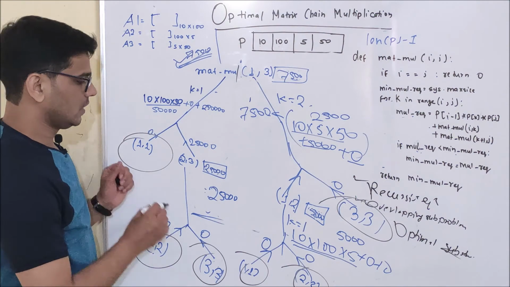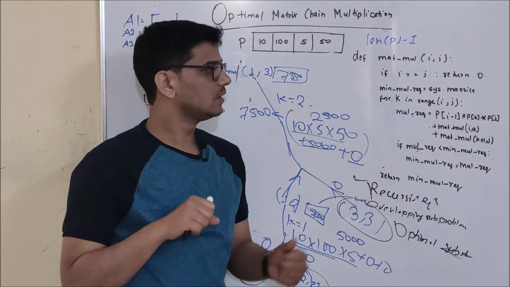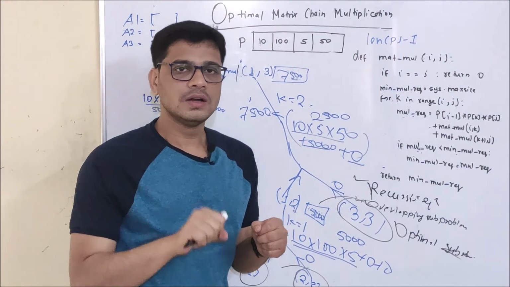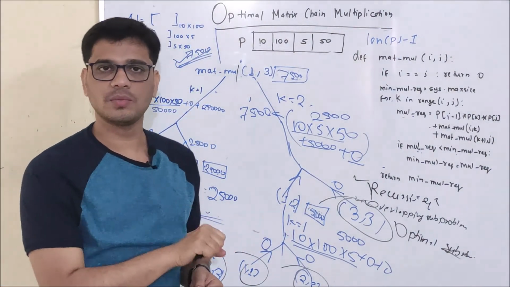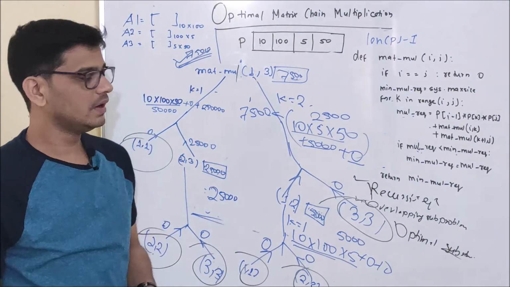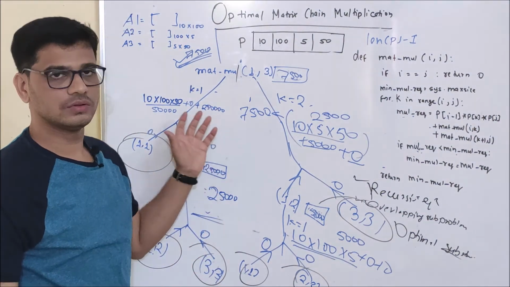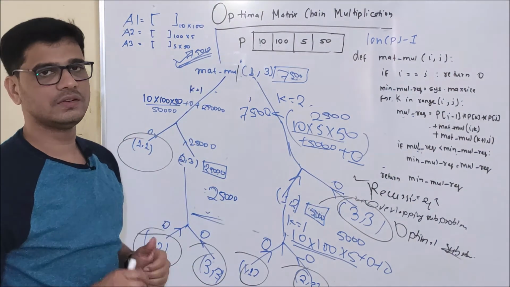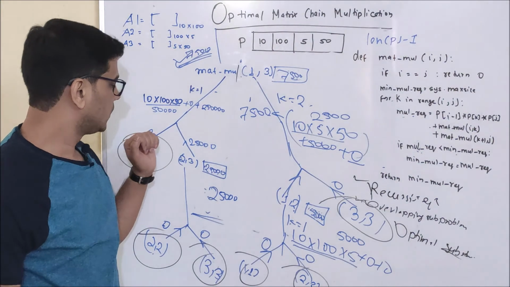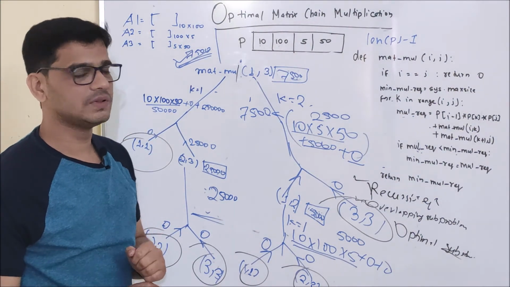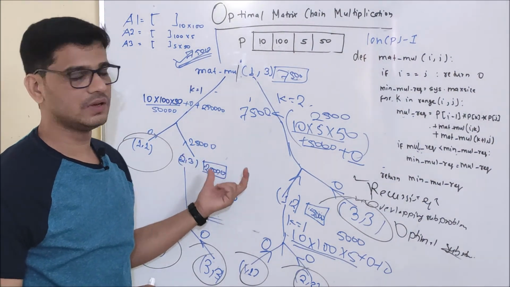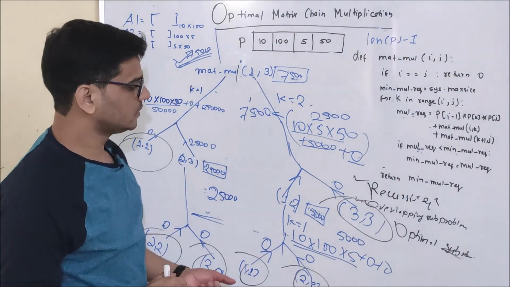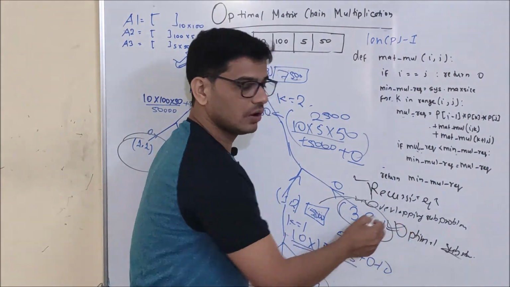So you can see from here that matmul 1, 3 is breaking itself into 4 smaller subproblems, and finally it is going to come to its answer with the help of these subproblems. So basically a bigger problem is dividing itself into some smaller subproblems, and finally with the help of these smaller subproblems it will achieve its own answer. So the third condition, that is the optimal substructure property, is also satisfied here.